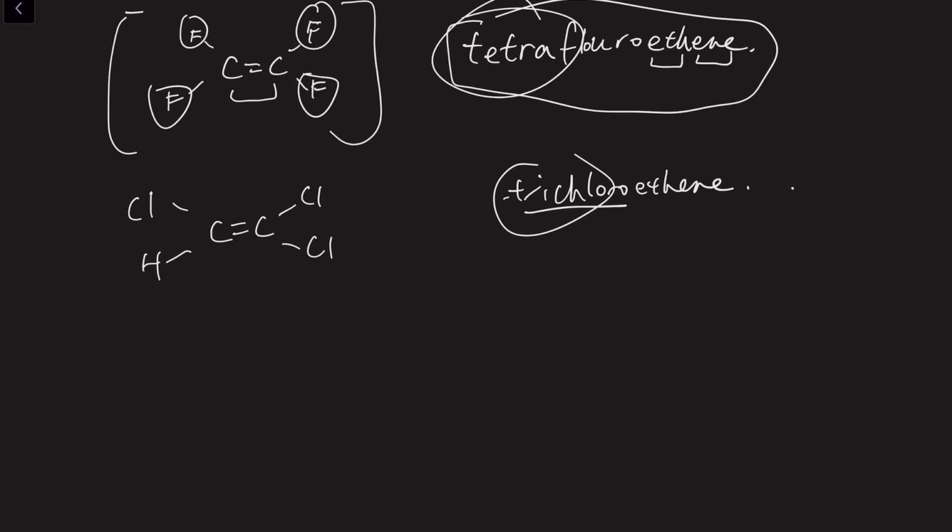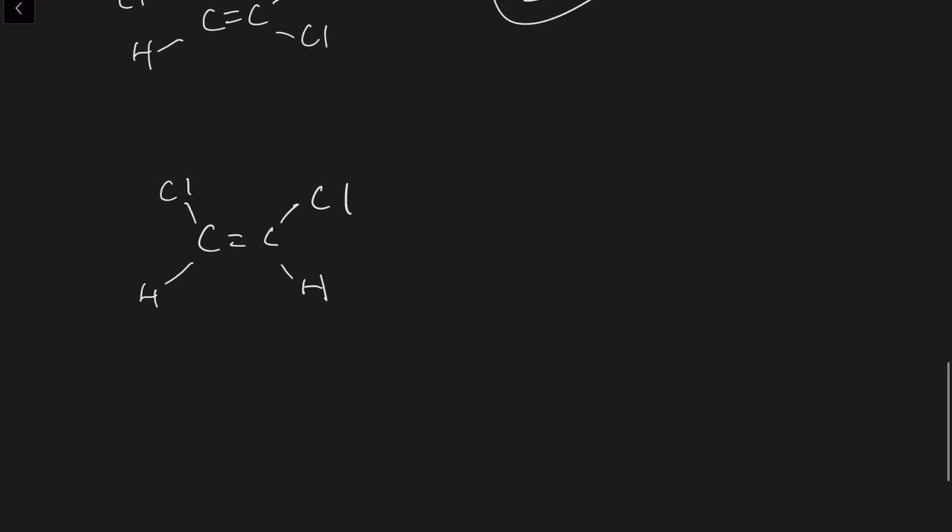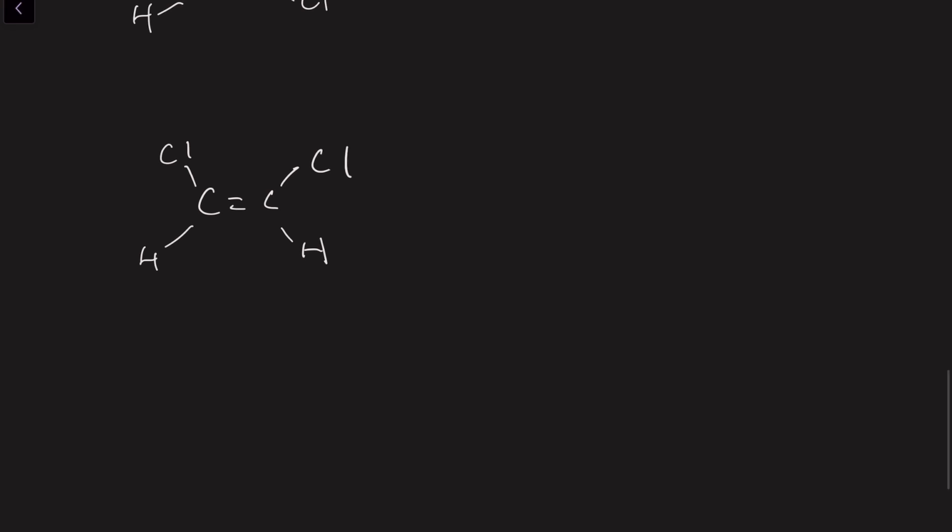So we can go even more complicated than that. So let's have a look at this example. How do you name this? Well, let's start with the basics. You have 2 carbons in the main carbon chain, and you have a carbon-to-carbon double bond. So it has something to do with ethene. You have 2 chlorine atoms.